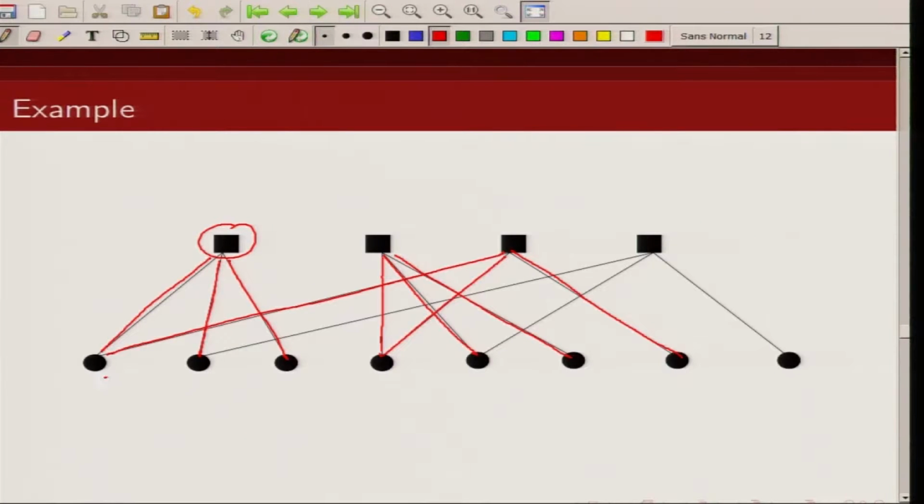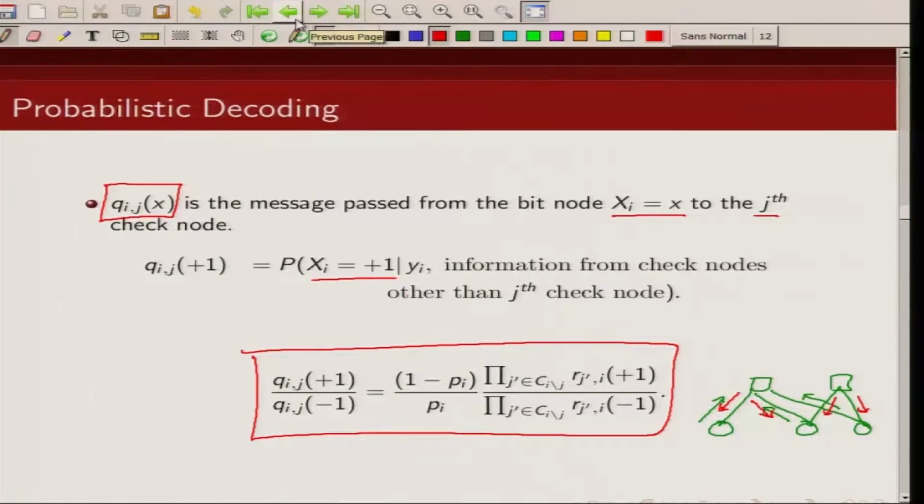So, this is 0, 1, 2, 3, 4, 5, 6, 7. Similarly, this is 0, 1, 2, 3. So, you will compute Q00. Qij is the message passed from the ith node to the jth check node, right. So, you need to compute the Qijs for this particular example.